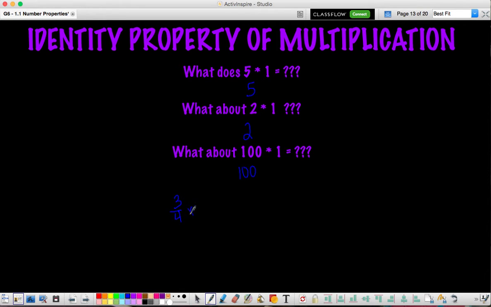So 3/4 times 1 is going to give you 3/4. And 1 and 800ths times 1 is going to give you 1 and 800ths. Okay, so the identity property of multiplication uses 1. So any number times 1 equals itself.